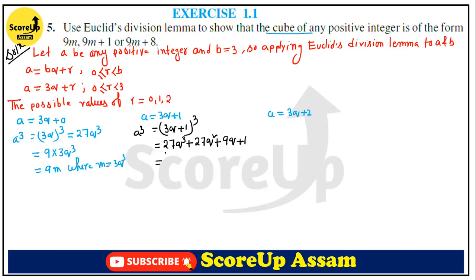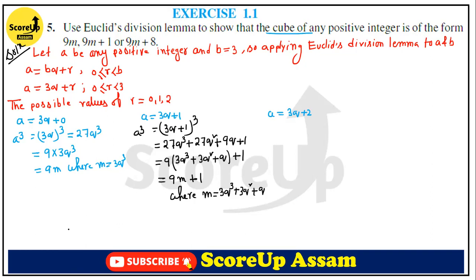Now we can take 9 as common. If we take 9 common, what will be here? 3q cube plus 3q square plus q. So here 9m plus 1, where m is equal to 3q cube plus 3q square plus q.